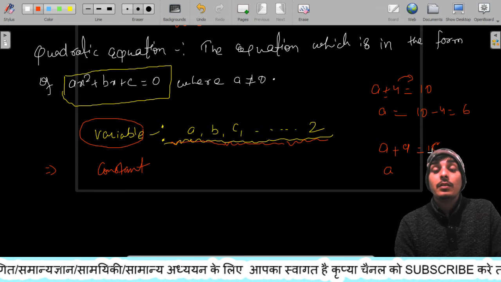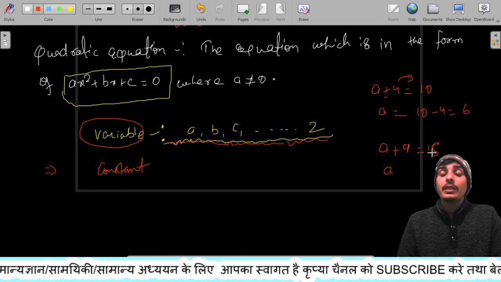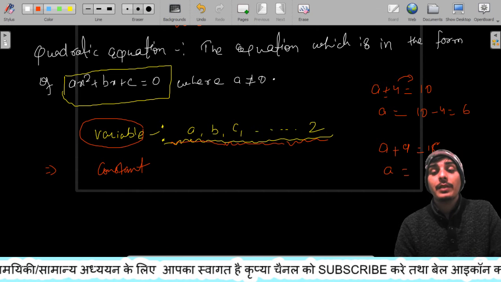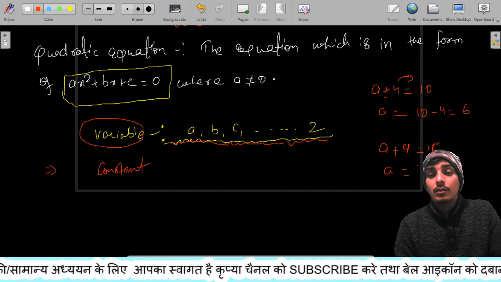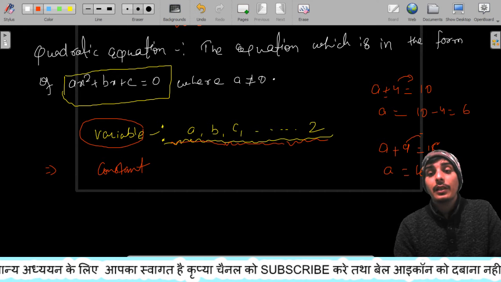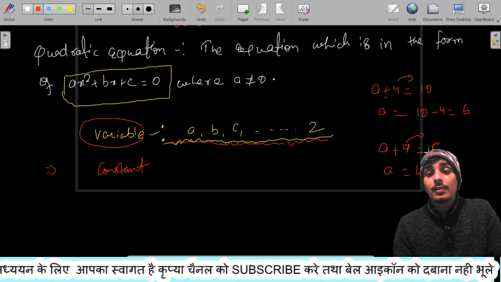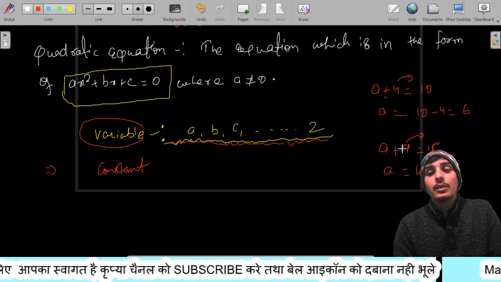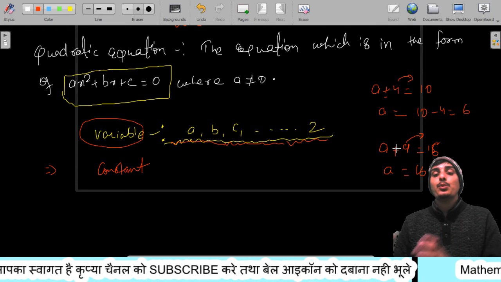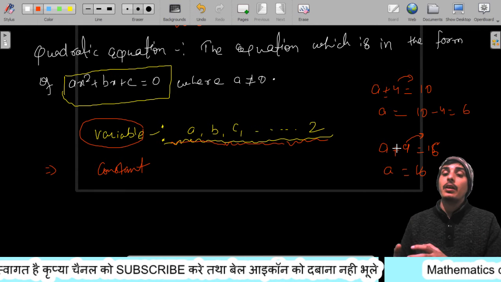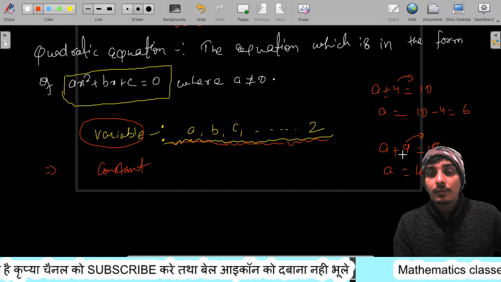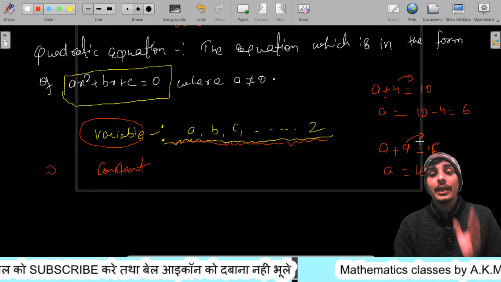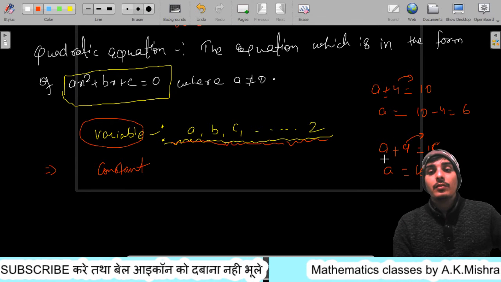Or you can take another example, like a plus 9 equal to 16. When we send this 9 to the other side, from LHS to RHS, meaning from the left hand side to the right hand side, the sign will be changed.